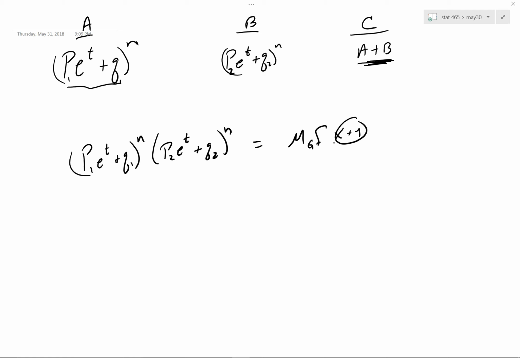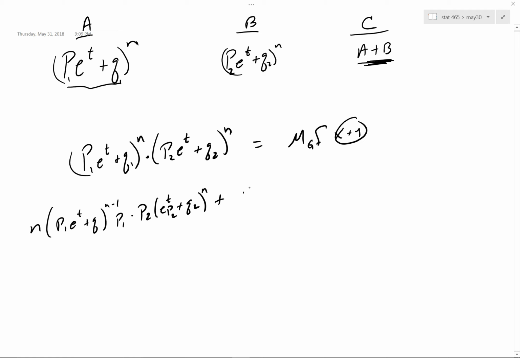If this makes sense to you, let's try this here. What would the derivatives be with respect to t? It'd be a product rule this time. So it'd be n times p1 e to the t plus q1 to the n minus 1 times p1 e to the t, times p2 e to the t plus q2 to the n, plus the first times the derivative of the second.